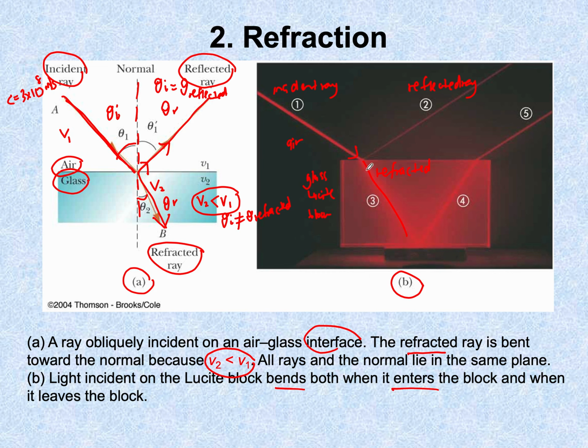The refracted ray here can also be considered as an incident ray for this block, and number 4 is the reflected ray. This phenomenon always happens when light passes through a certain medium.